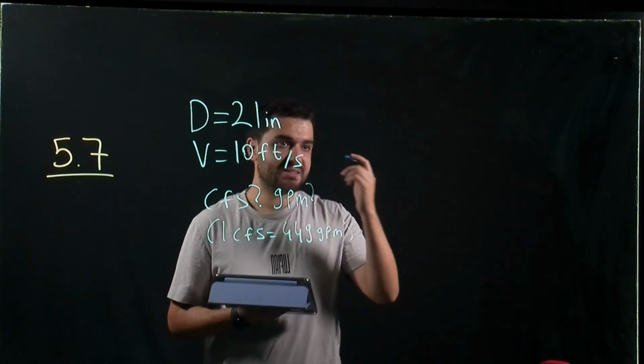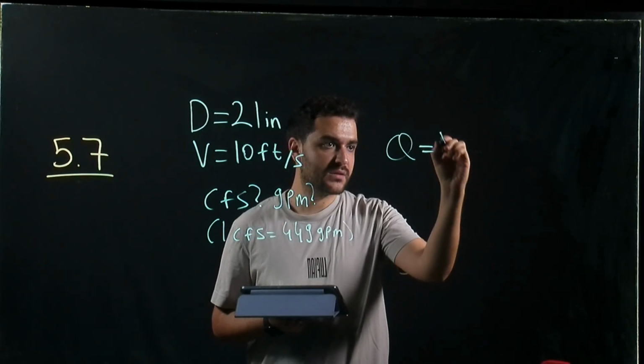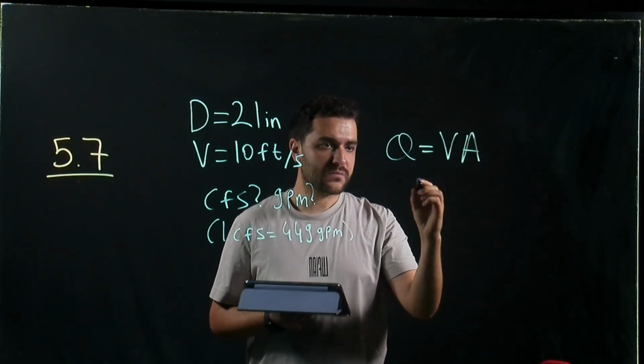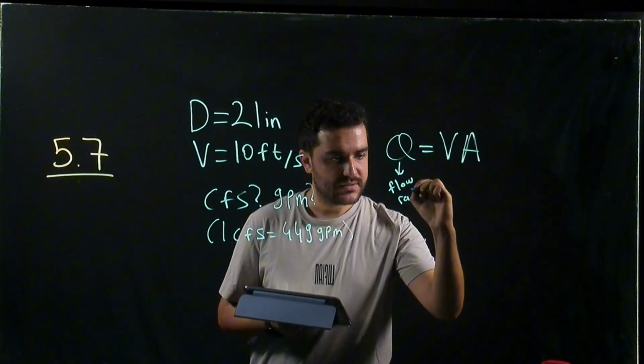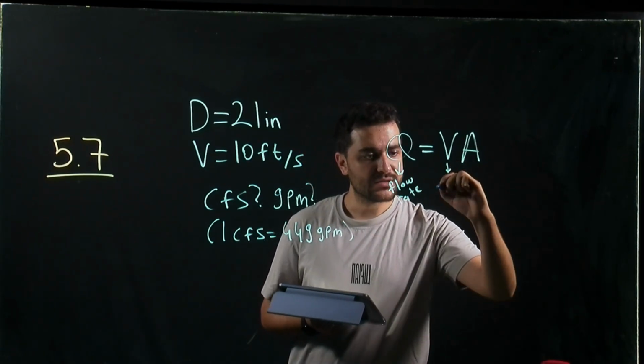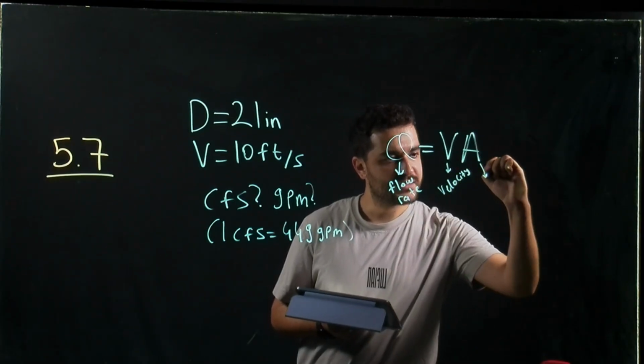So we have a very basic but powerful equation, which is the continuity equation: Q, which is flow rate, is equal to velocity times area.